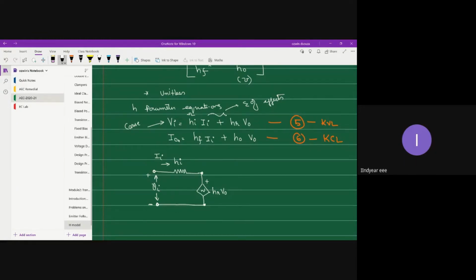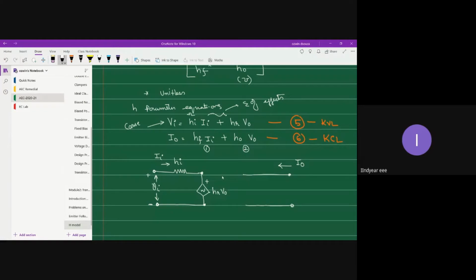Now let us come to the output part. Output current I0. We will first mark I0. This I0 is composed of how many components? Two components, first component and second component. So I0 is equal to the sum of the first component and the second component.